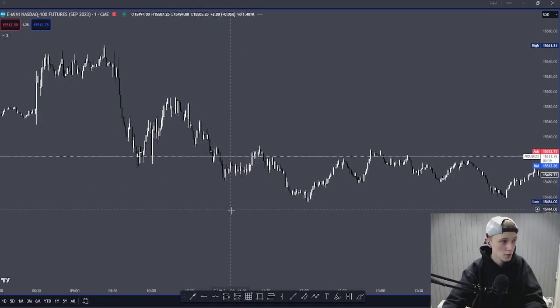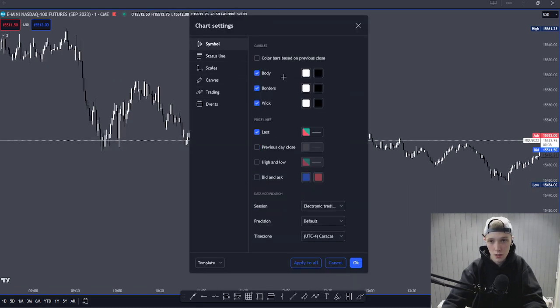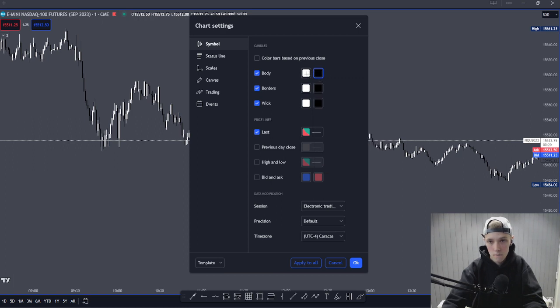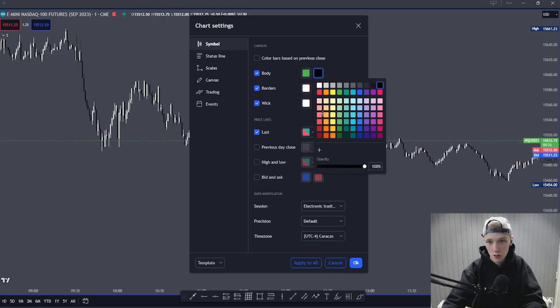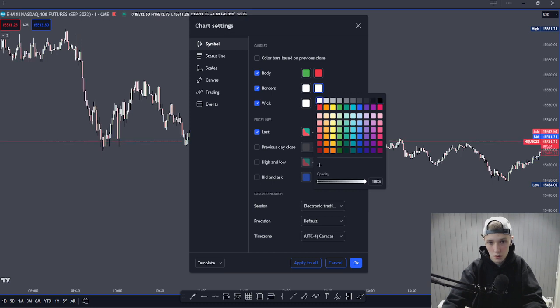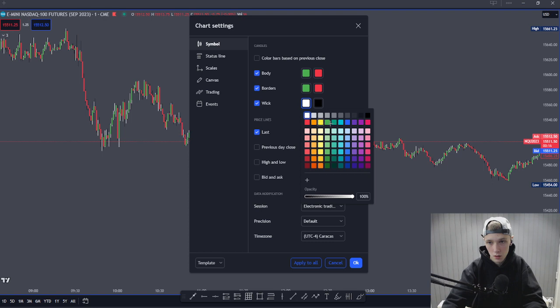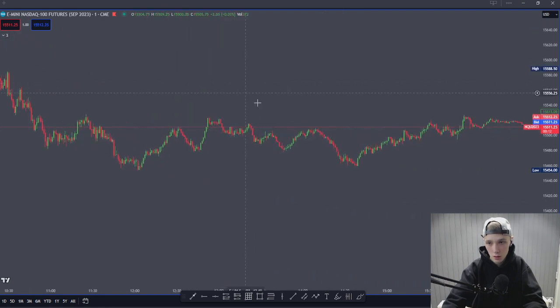Reading the candles. Bullish candle. Your charts might look different, I don't even know what your charts look like. Bodies. So bullish is green and bearish is red, right? Or the other way around.